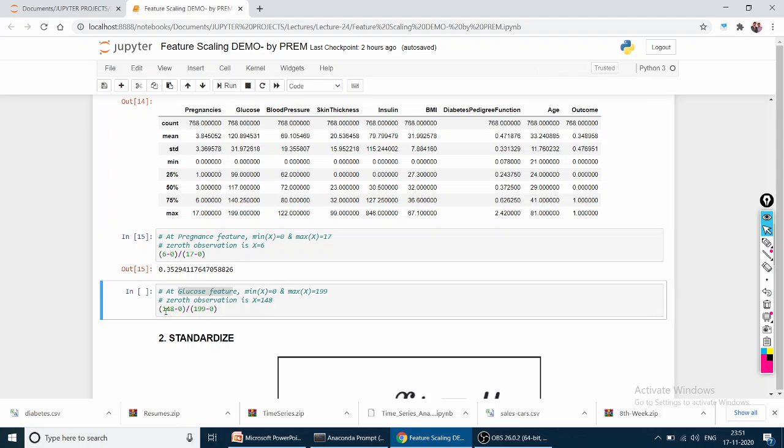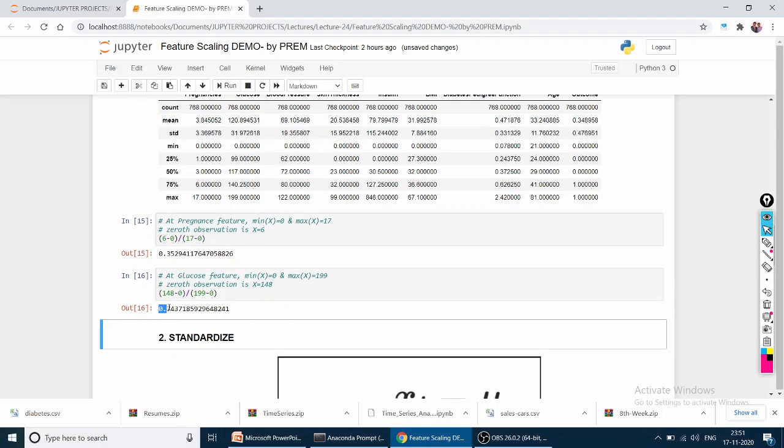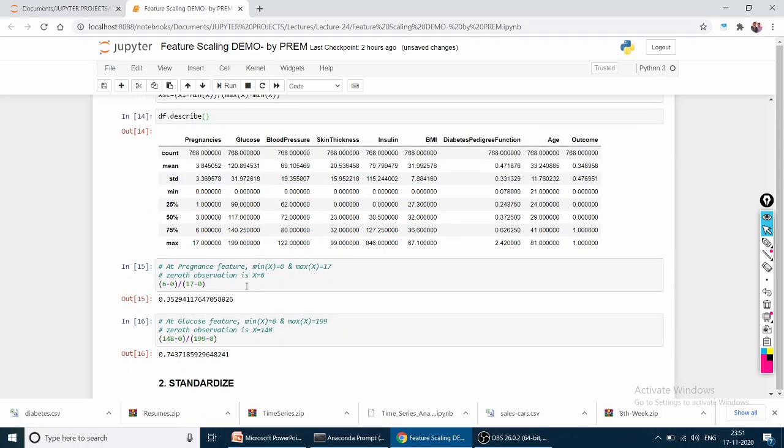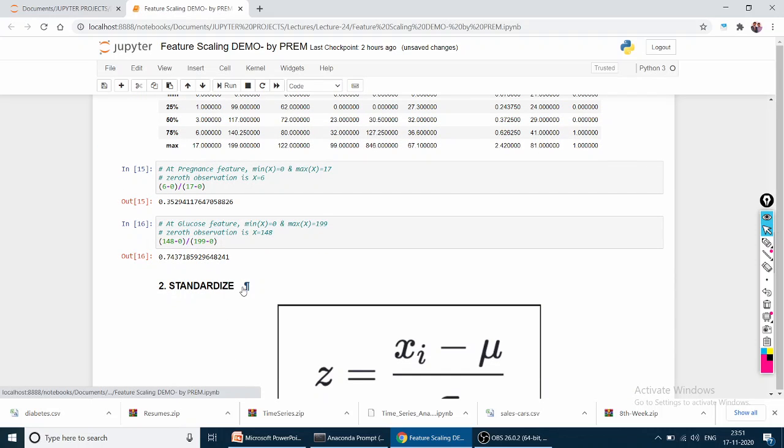If you apply the formula, 148 minus 0 over 199 minus 0, you get 0.7437. Both are the same. This is the way we scale down the data using the min-max scaler.